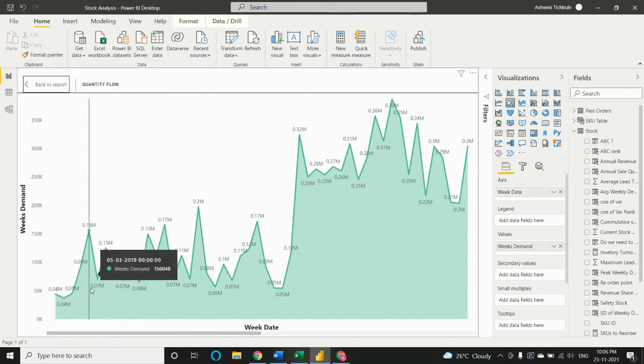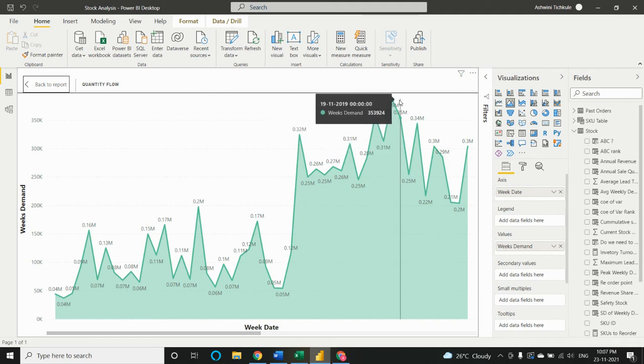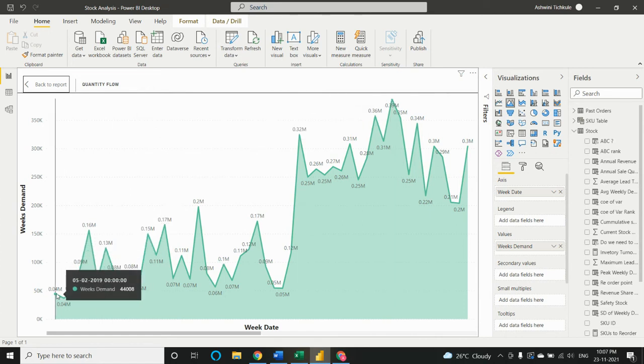It moves more towards this point, and this point is showing 27/8/2019, and the week's demand is 324,498. According to this chart, the maximum week's demand is on 12th of November 2019, okay, and the lowest is on this date, 5 2019. The week's demand is very low.